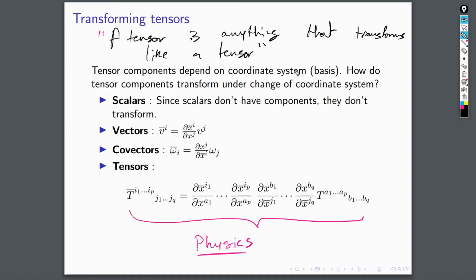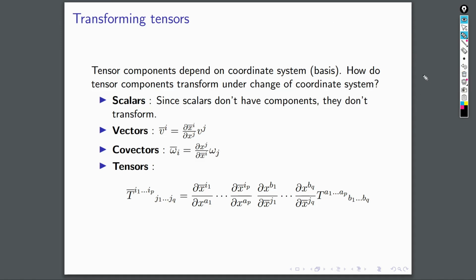And this, while kind of true, is a pretty poor definition, because it really doesn't tell you what a tensor actually is. Okay? So that's what I'm trying to demystify right here. But formally speaking, yes, a tensor is anything that transforms like a tensor.